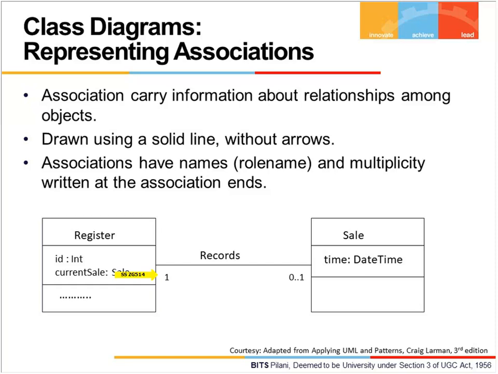It is not wrong to draw these kinds of association lines in class diagrams. However, I would also encourage having the other kind of relationships drawn in the class diagrams. Now let's see what are the other kinds of relationships that I'm talking about.